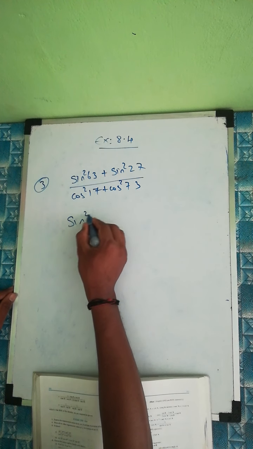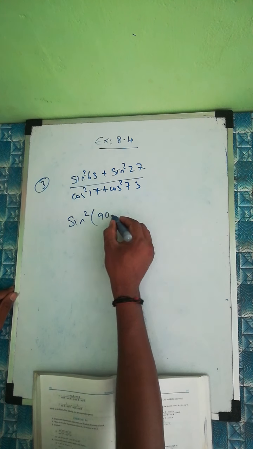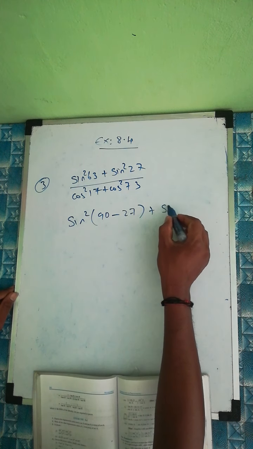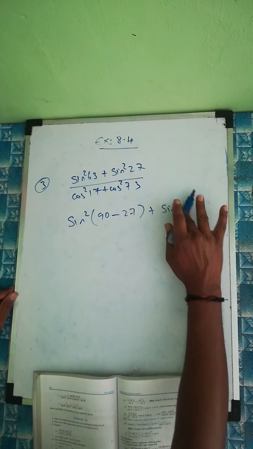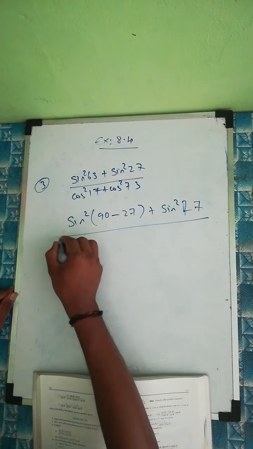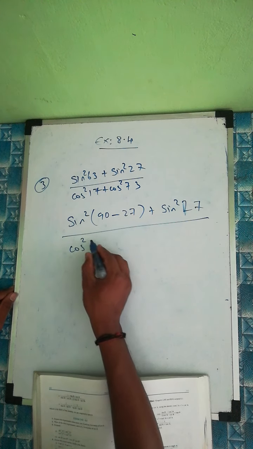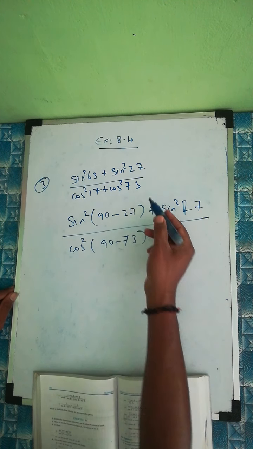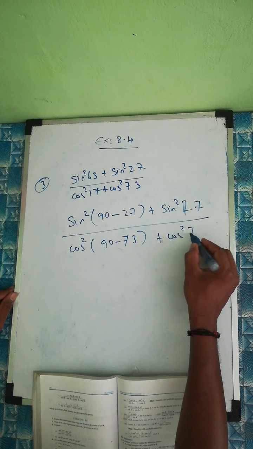So sine square 63 we can change to 90 minus 27. Sine square 27 we write the same, no change. Cos square 17 we can change to 90 minus 73, so we write cos square 73.